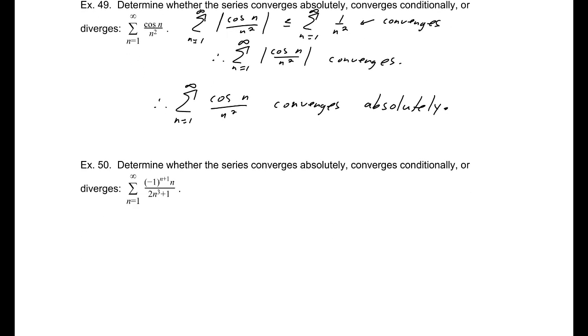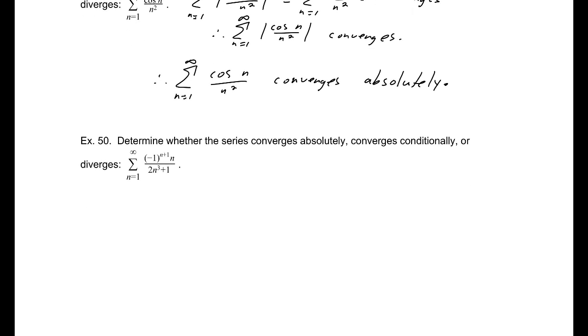Number 50, same question. First thing we want to do is consider the sum of the absolute value of negative 1 to the n plus 1 times n over 2n cubed plus 1. Now, because n is positive, this is just equal to the sum from 1 to infinity of n over 2n cubed plus 1.